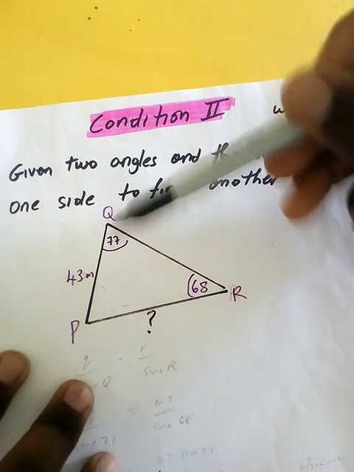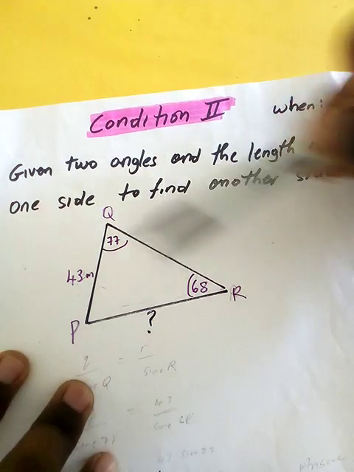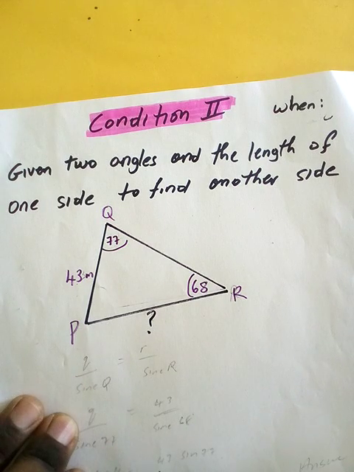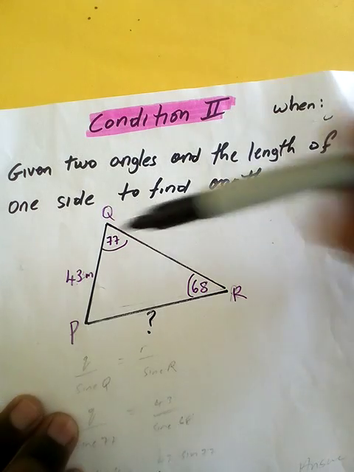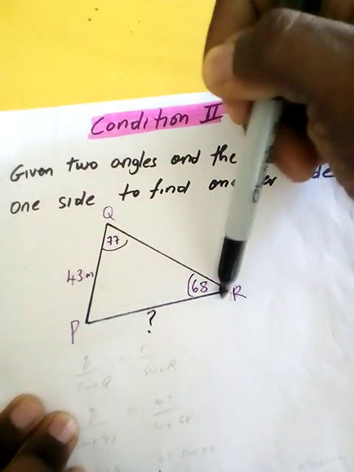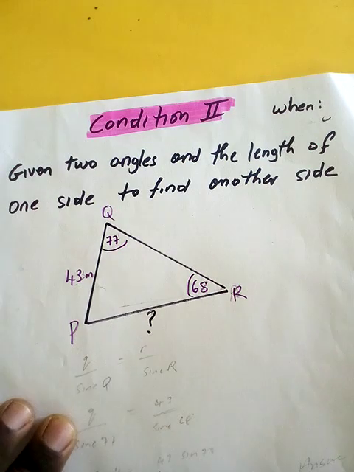So we are given in triangle PQR two angles and one side to find another side. Remember that the ratio is side over angle. There's a relationship between this angle and this side, this angle and this side. So it's side over the sine of the angle.